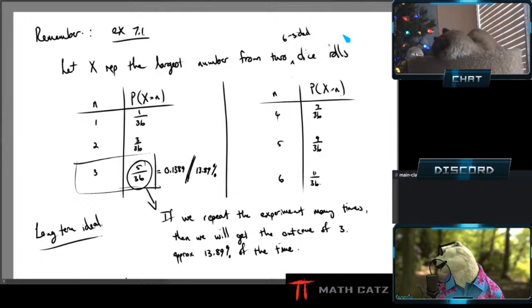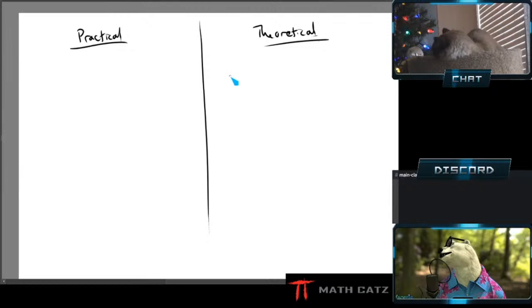So let's focus on this, for example. Let's focus on this 3. So the theoretical side says the probability that x equals 3 is 0.1389, which means 13.89%. Yes, approximately, but it's extremely close, right?